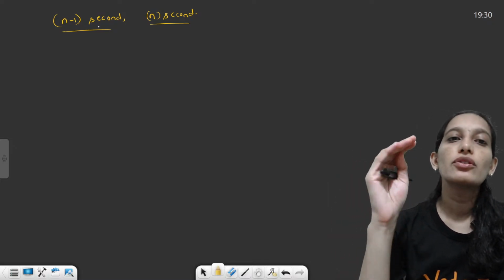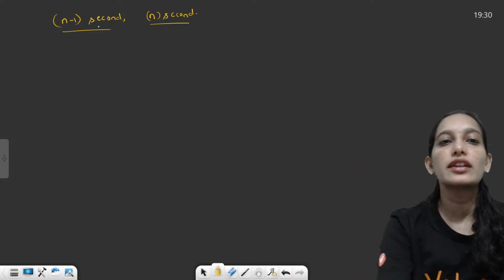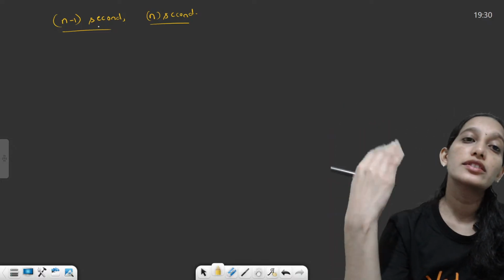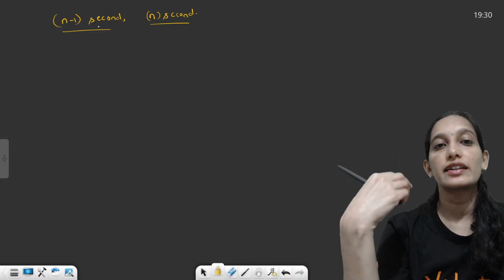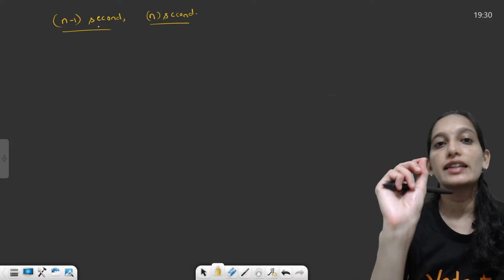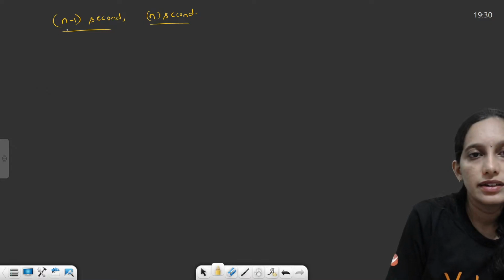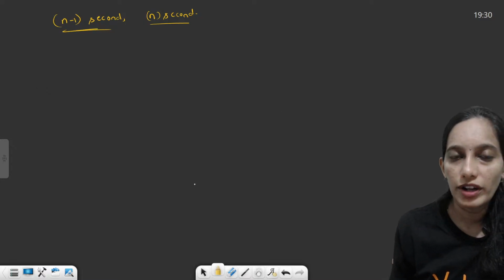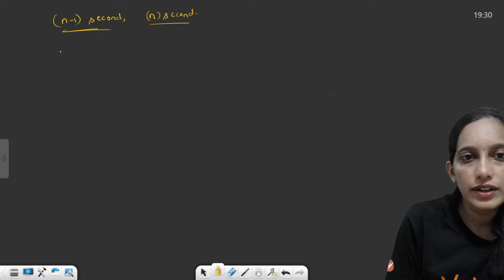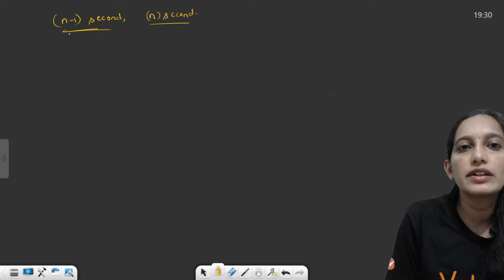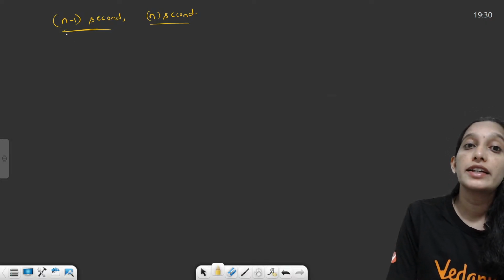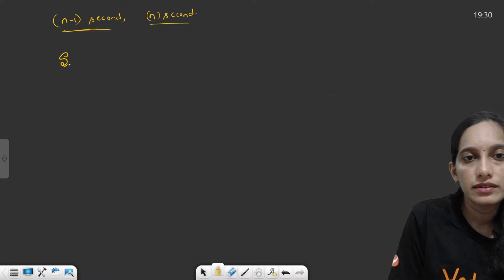For example, the distance traveled in the 5th second is the distance traveled till the 6th second minus the distance traveled till the 5th second. So that can be our point of interest here. If I want to write down the distance traveled in n minus 1 seconds, how do I write it?